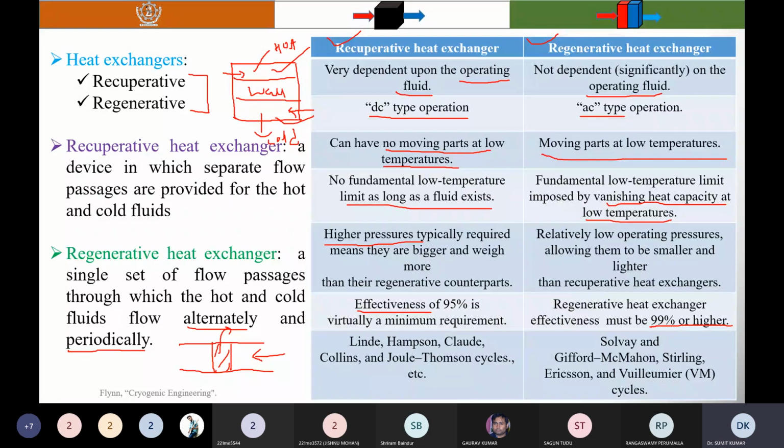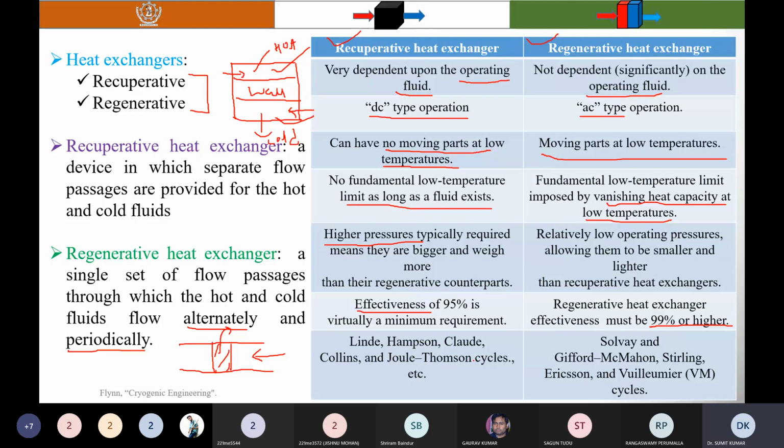And the recuperative heat exchangers are used in various types of liquefaction cycles, as for example, Linde-Hampson cycle, Claude cycle, Collins cycle, and Joule-Thomson cycle. In these cycles, we are using the recuperative heat exchanger. Okay.